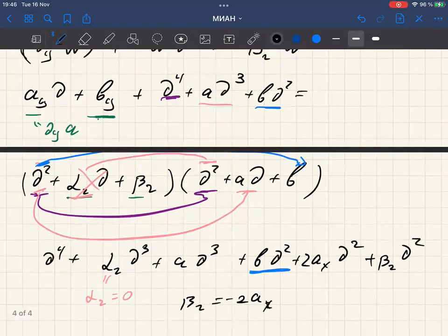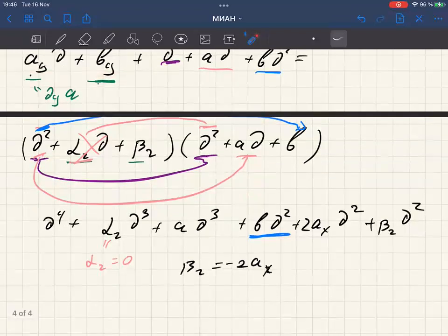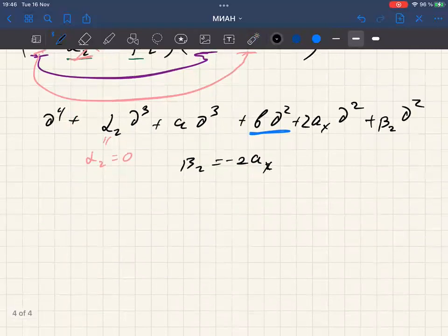The coefficient should be equal just to b, so we have that b square equals minus 2ax. After that, if we compare coefficients near first order and zeroth order, we obtain equations for D, and let me write it down. It's not so important, but probably I should write it down.